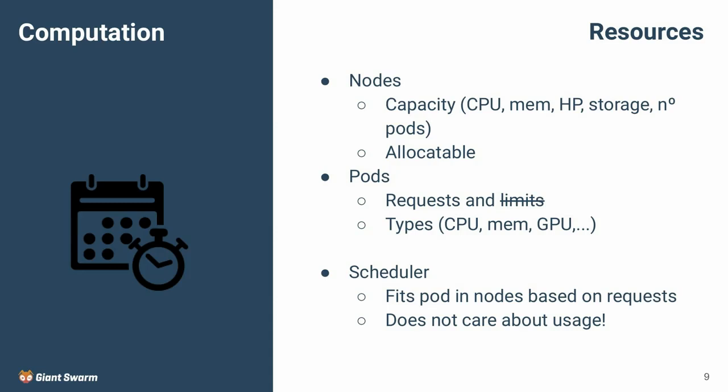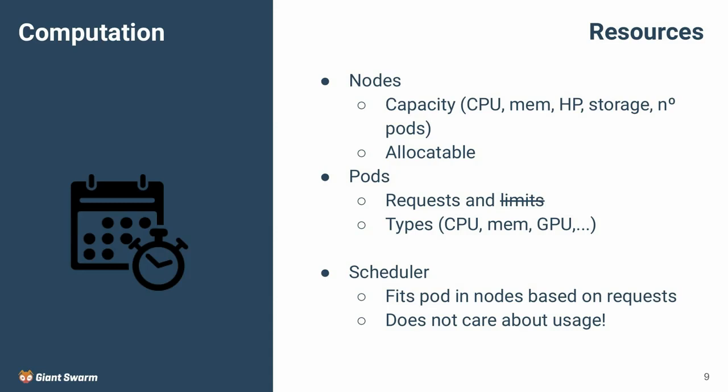There is what we call capacity, that will define the amount of CPU or memory, things like storage or local storage, and the number of pods that can run on this machine. This is a hard limit in Kubernetes that you define. And this is what the machine, the virtual machine, the instance gives to you.